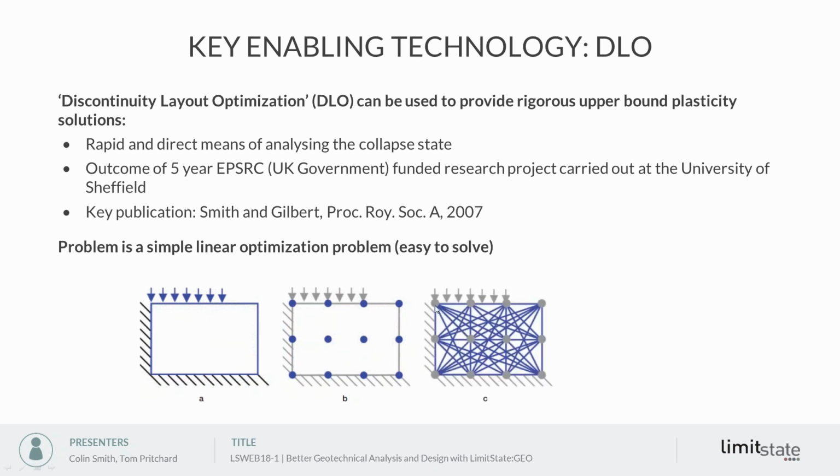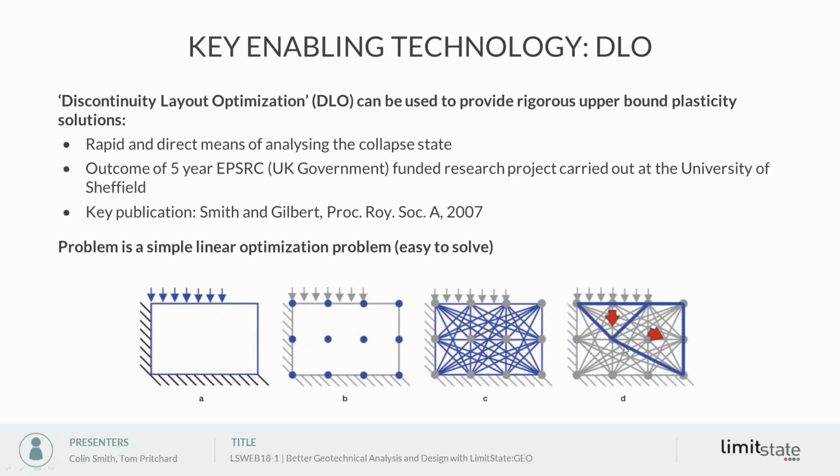And what we do is we connect every node to every other node to form potential slip lines. So if I've got 12 nodes there, I get 12 times 11 over 2, 66 possible slip lines. And essentially what the software does is it uses linear optimization to pick out of those the mechanism that gives us the critical collapse mode, which ends up being this one.